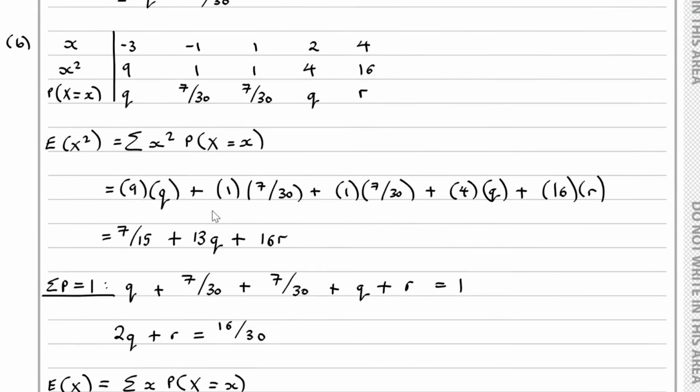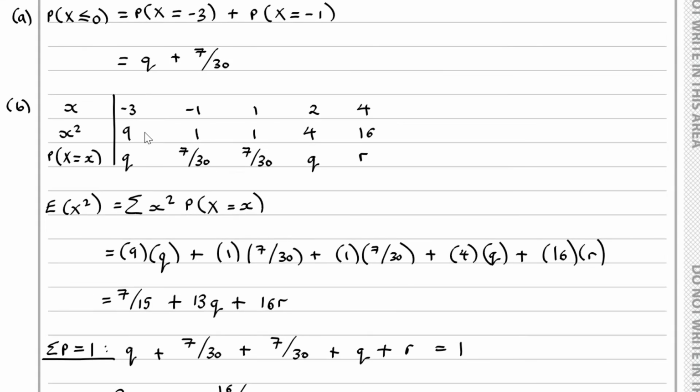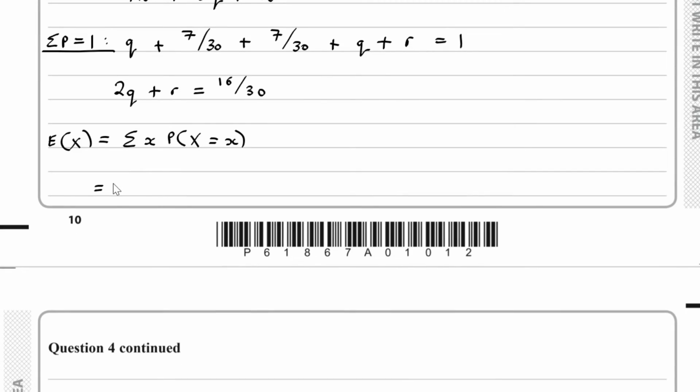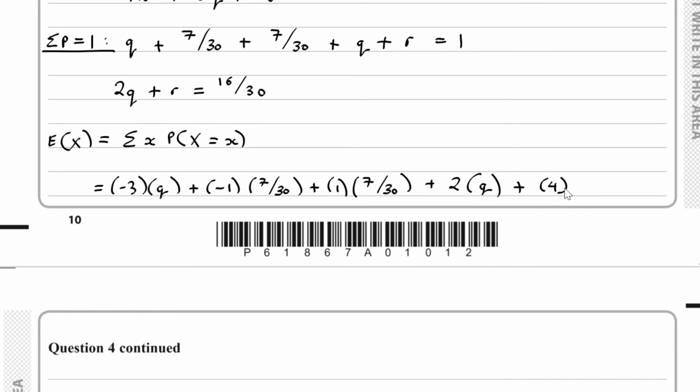So we have to multiply this first row with this probability row. So we have minus 3 times q plus minus 1 times 7 over 30 plus 1 lots of 7 over 30 plus 2 lots of q plus 4 lots of r. So we end up with here 4r minus q.